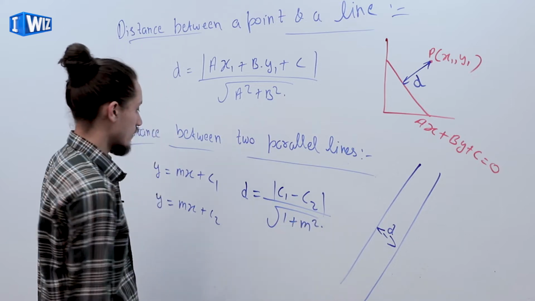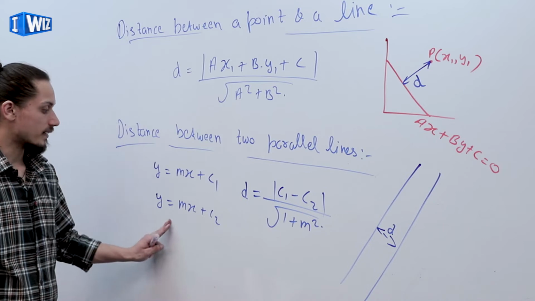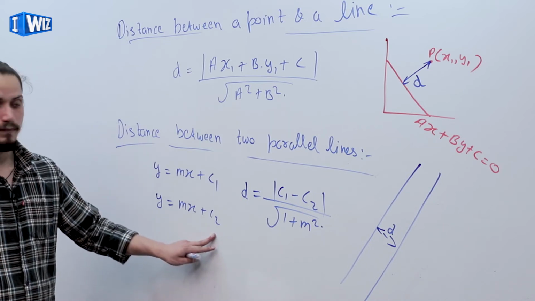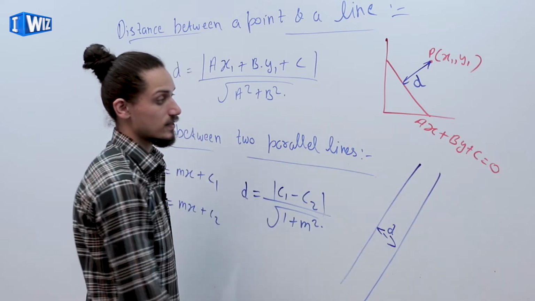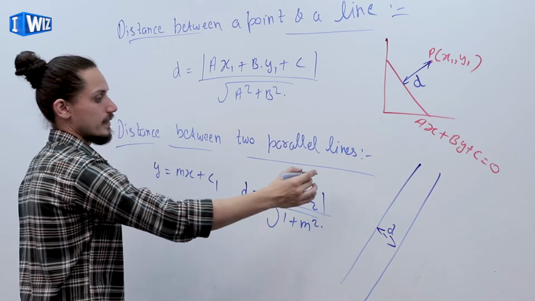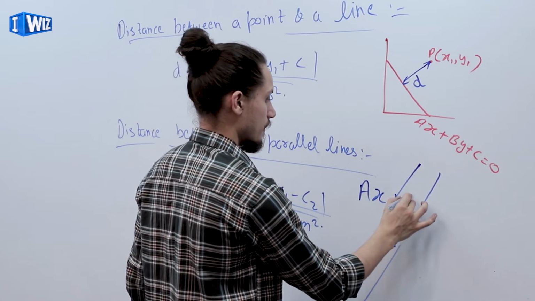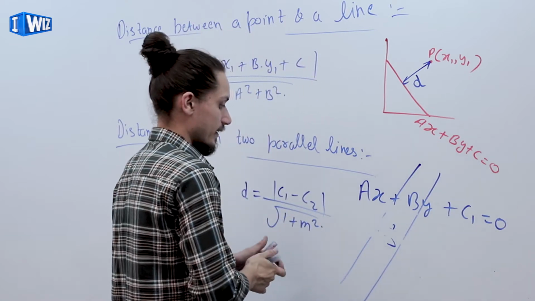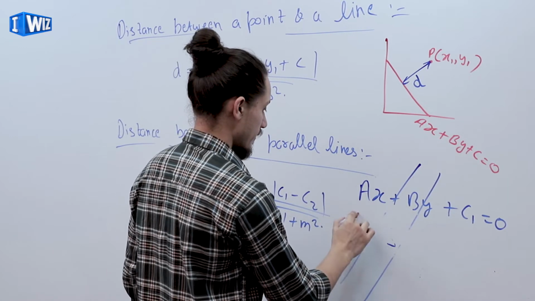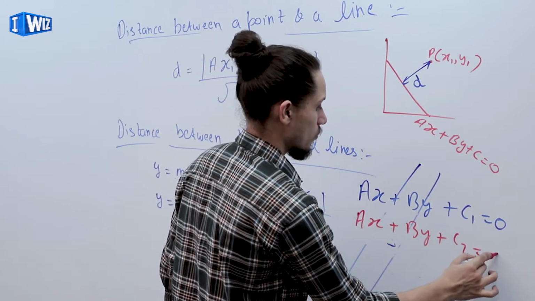m square. इन दोनों की स्लोप क्या है, इक्वल। दो पैरेलल लाइंस की स्लोप क्या होती है, इक्वल। बट दिस इज इन स्लोप इंटरसेप्ट फॉर्म। हमें क्या चाहिए, हमें चाहिए डिस्टेंस बिटवीन टू पैरेलल लाइंस इन सिंपल फॉर्म। सो वी हैव टू लाइंस ax plus by plus c1 is equal to 0 and second line is ax plus by plus c2 is equal to 0.